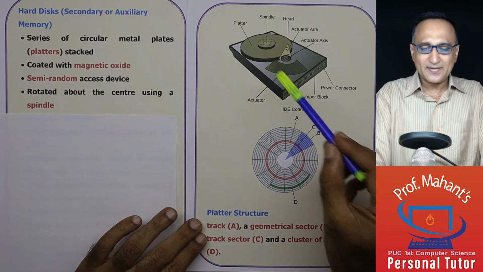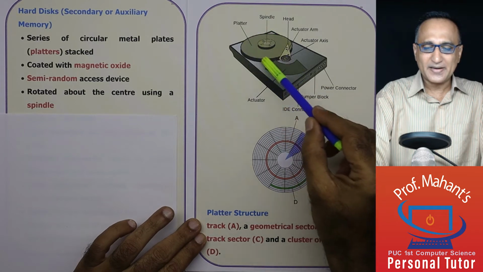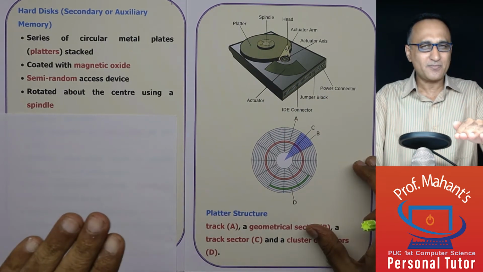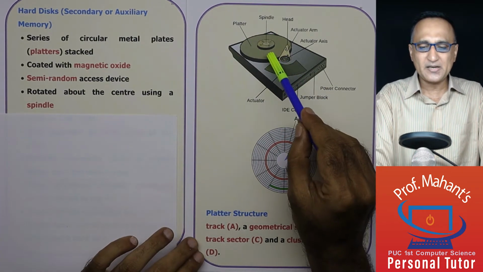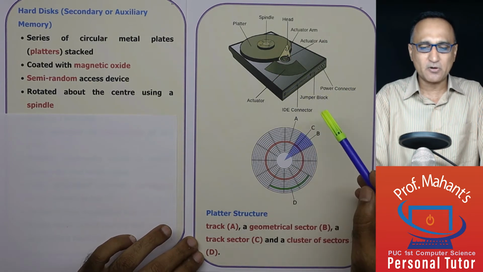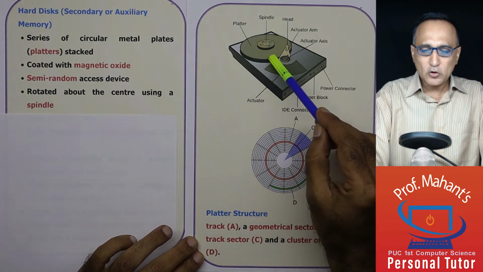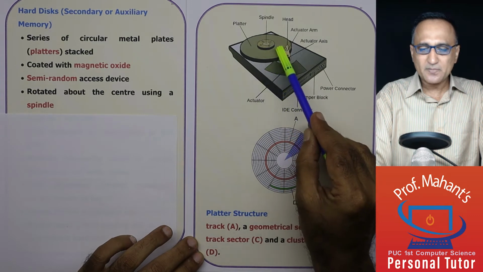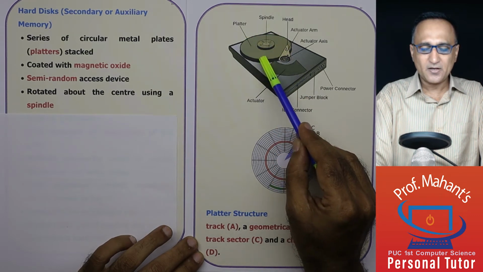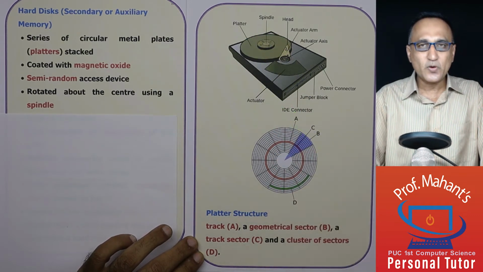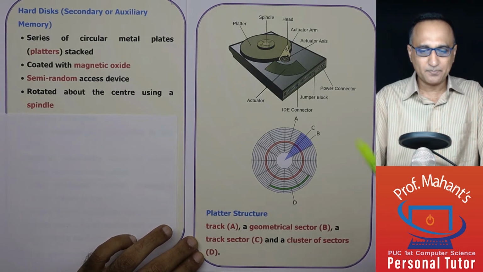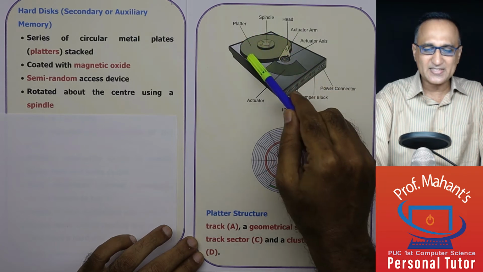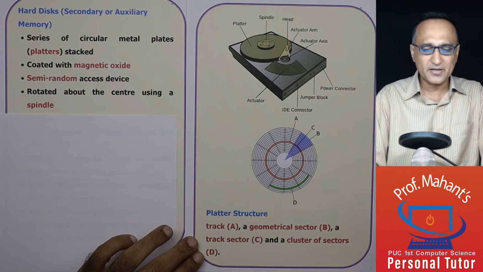Here, these are a number of metal plates. You can think of them like your food plates, a number of them. They could be 18, 20, 24, 60 or whatever number of plates. On top of this plate, it is coated with magnetic oxide. Now, you can record data on the magnetic oxide, whatever data is there.